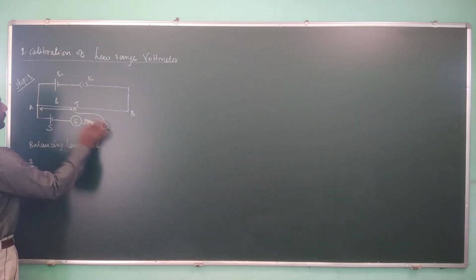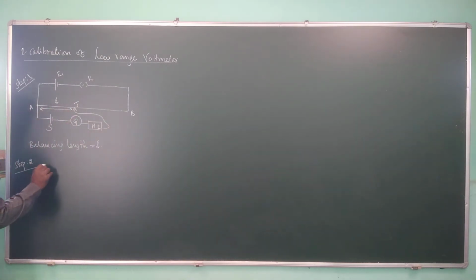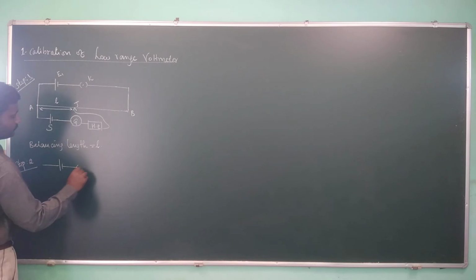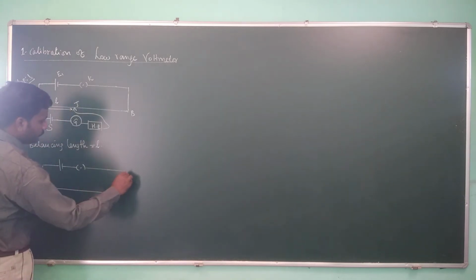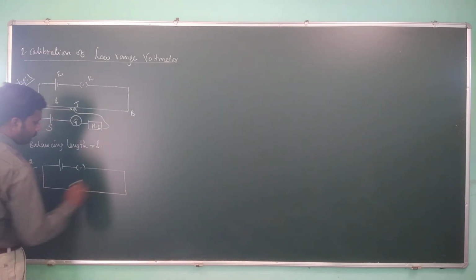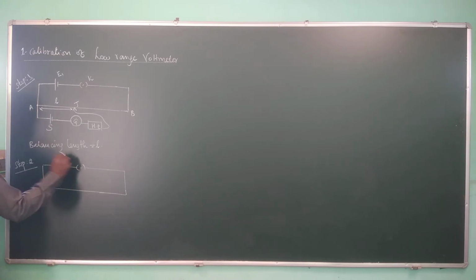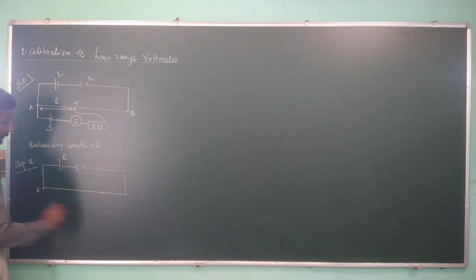Here the bottom part is replaced with a little bit different circuitry. This is E, this point is A, this point is B, and we connect this point simply to a voltmeter.